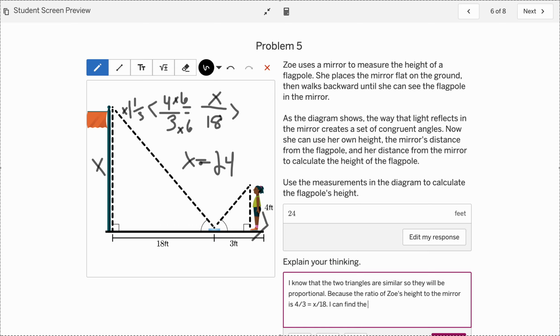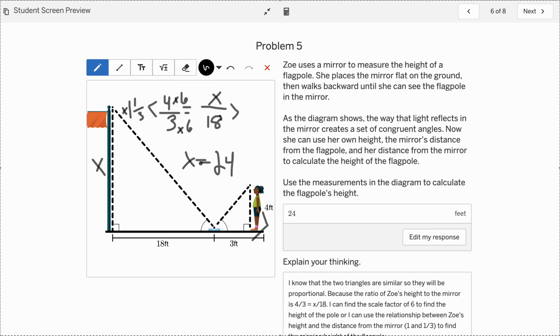I can find the scale factor of 6 to find the height of the pole, or I can use the relationship between Zoe's height and the distance from the mirror, 1 1/3, to find the missing height of the flagpole. Either way, we're getting the same answer.